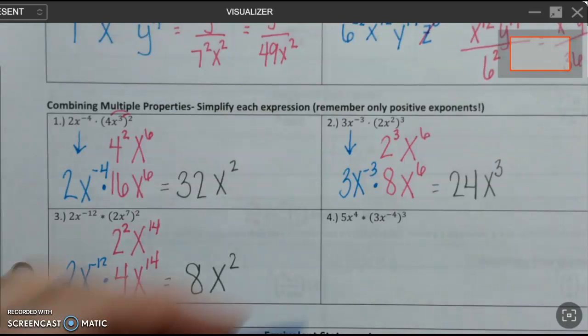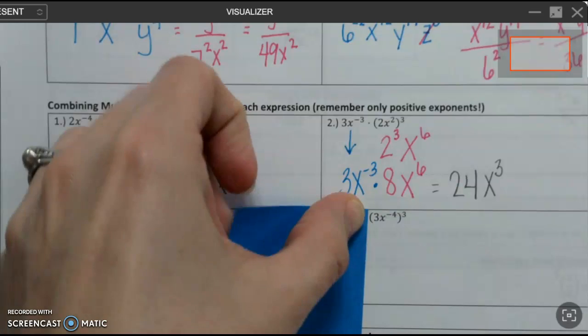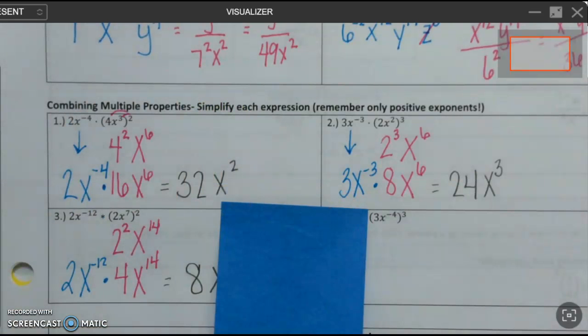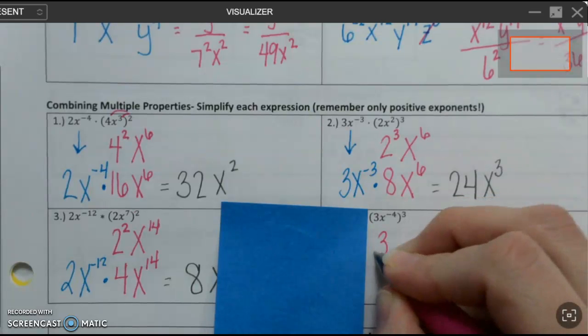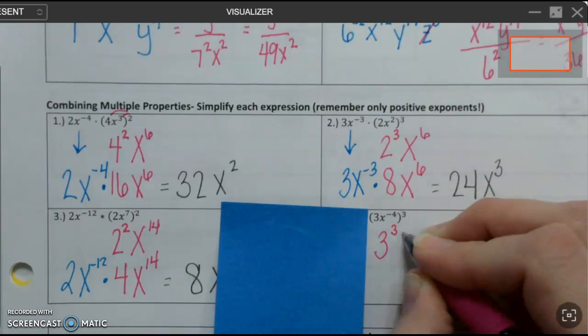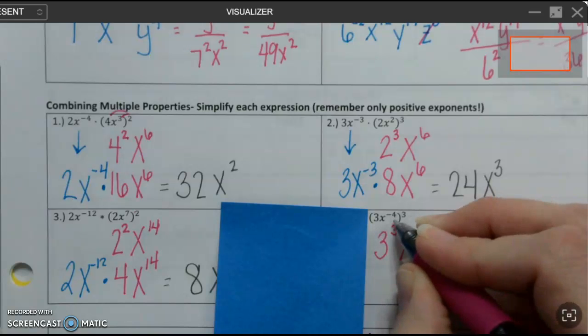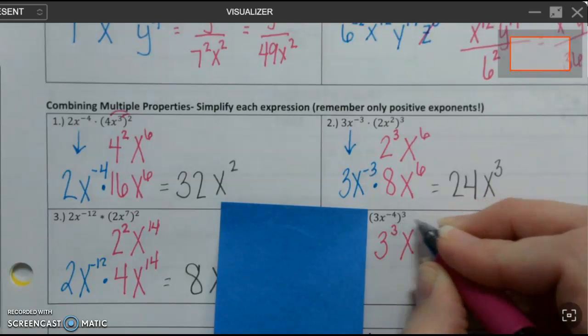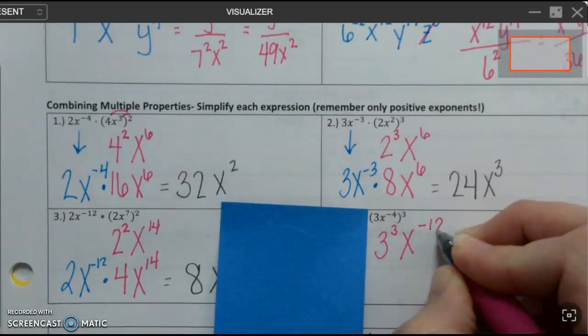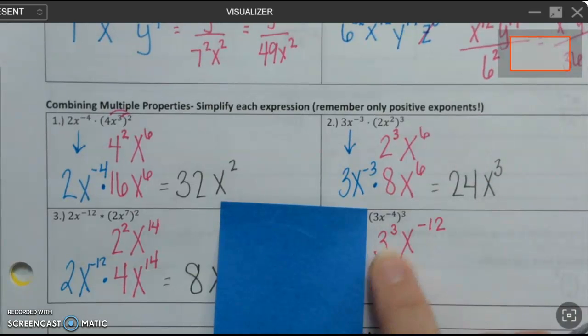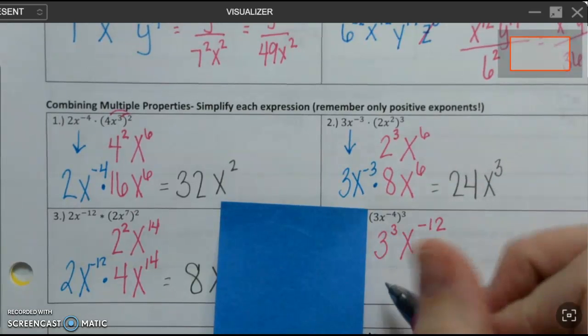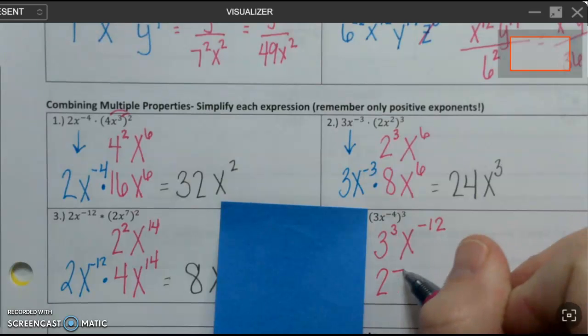Last one, we'll go ahead and cover this up. Hopefully you tried this and you're done with the question already. 3 gets an exponent of 3. X gets an exponent, multiply those two numbers together, of negative 12. 3 to the 3rd power is 27.